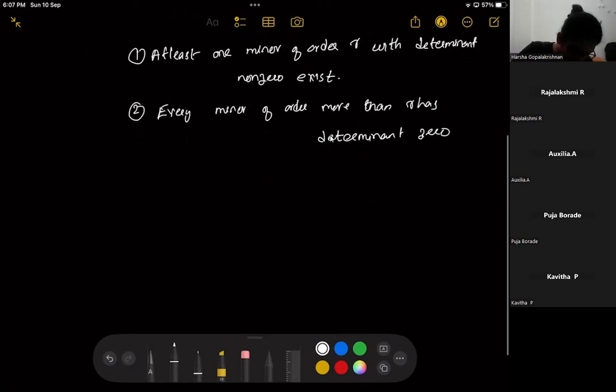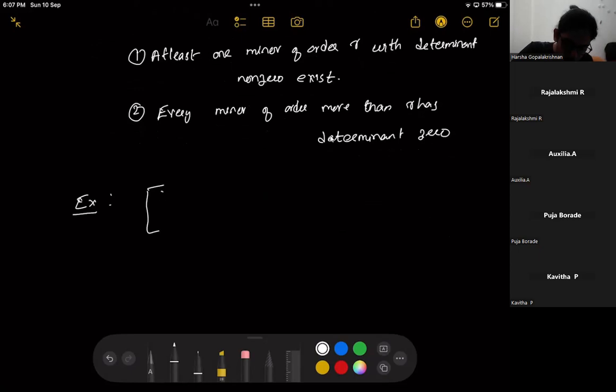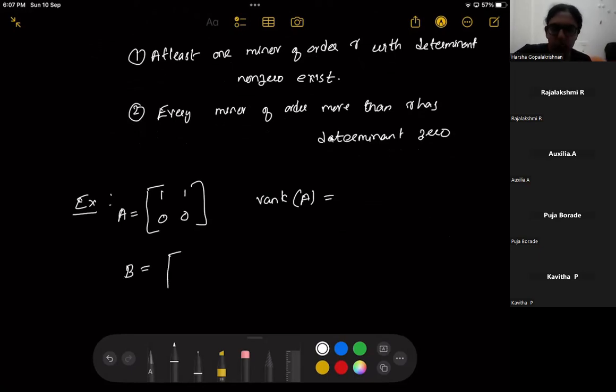Just one or two examples we will quickly see. So I'm giving the matrix A and another matrix B. Can anyone say what is the rank of A here?